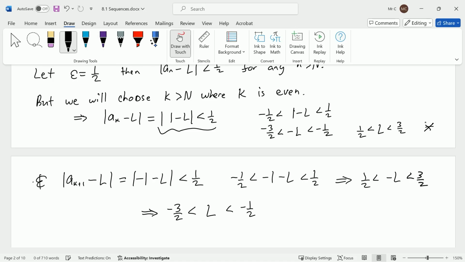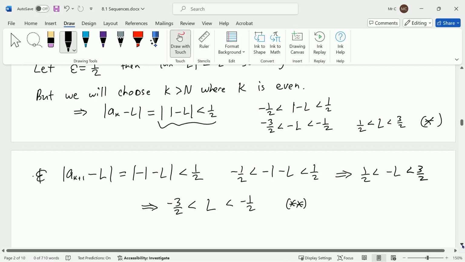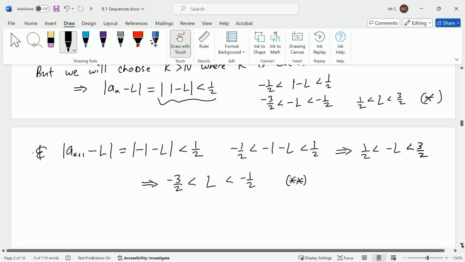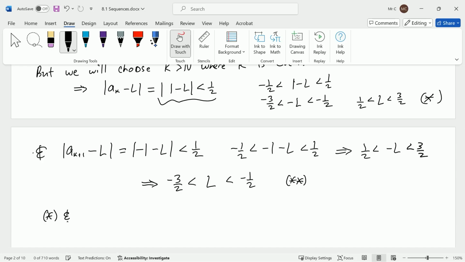So I have two conditions on L. I've marked the first one star and the second one double star. The first condition says, based on what we just did, L must be between 1/2 and 3/2. But I also just showed that L must be between negative 3/2 and negative 1/2. These intervals don't overlap, so that's not possible. So star and double star are a contradiction.